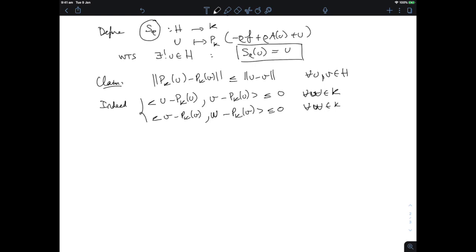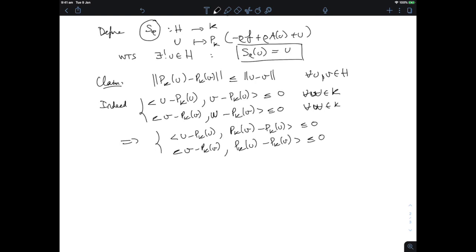And then I'm going to pick my w so that I get on the first line u minus P_K u, with P_K v, which is definitely an element of K, minus P_K u less or equal than 0, and v minus P_K v with P_K u minus P_K v less or equal than 0.